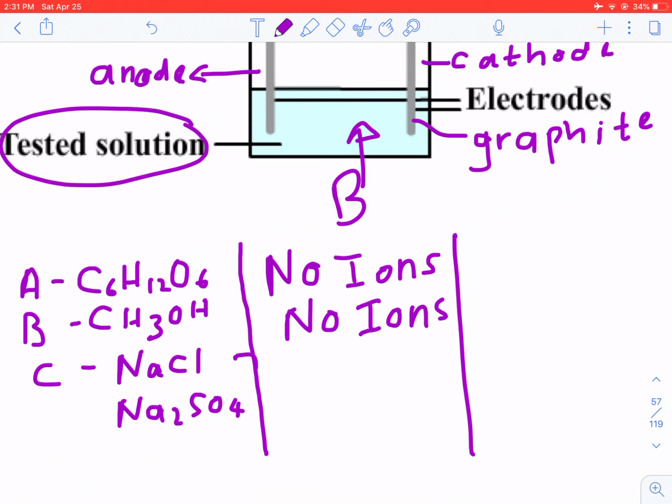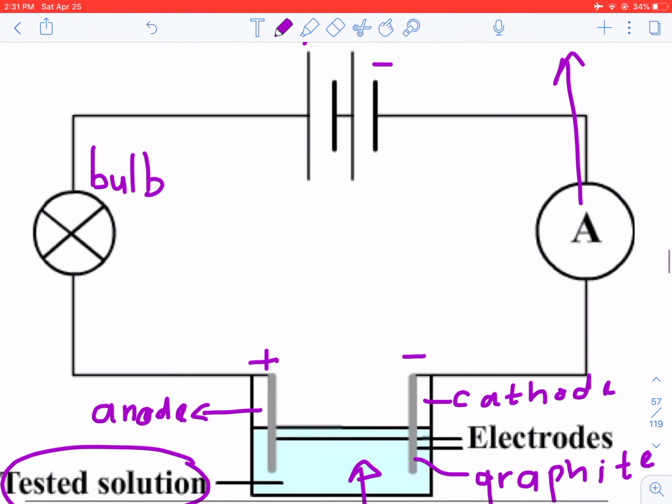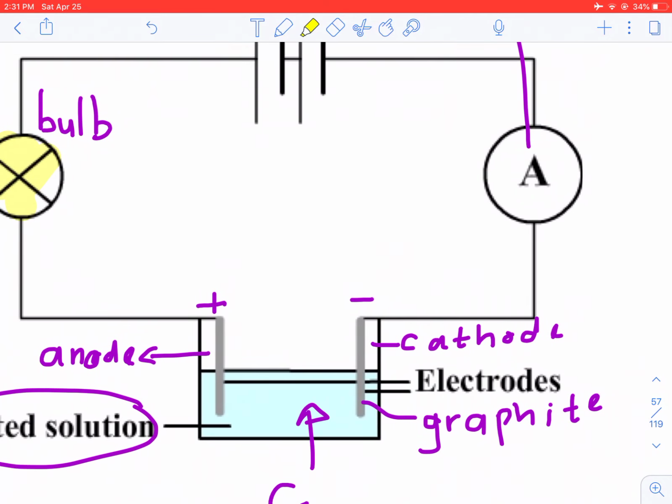But when I have sodium chloride dissolved in water or sodium sulfate dissolved in water, if I put either of the two as C there, I find that yes, I see the bulb burning, and my ammeter shows a reading.